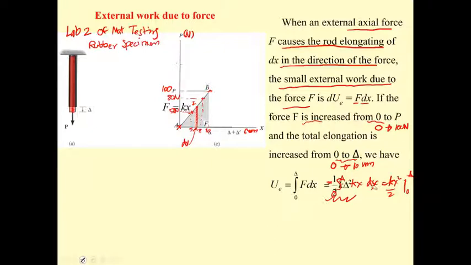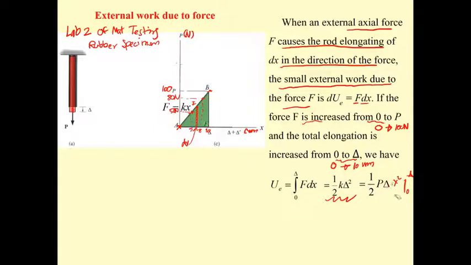And let me just put it up like this. That is going to be 1/2 K delta squared by this equation. And then if you put back again, K delta is P. So you got 1/2 P delta, which is what?